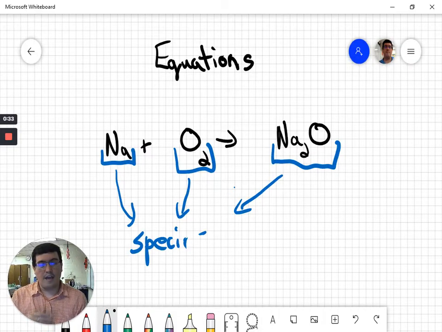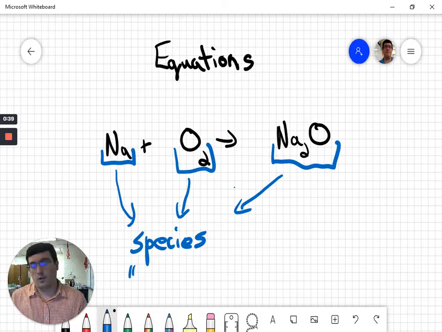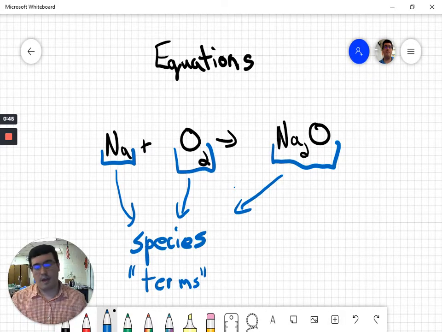If you want to draw an analogy to algebra, your algebra teacher might call them terms, and it kind of means the same thing in chemistry. Instead of calling them terms, we call them species. And the reason we call them species is because they can be three different things. This first one is an element all by itself. That's literally an atom.